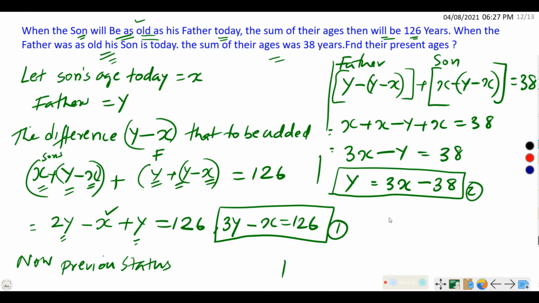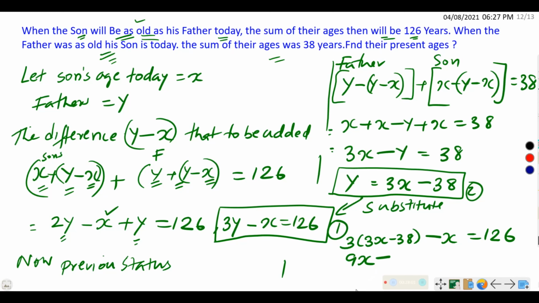That means we will write 3 into, y की जगह पे, 3x minus 38, minus x is equal to 126. So we can simply multiply this and write 9x minus 3 into 38, which is 114, minus x is equal to 126.